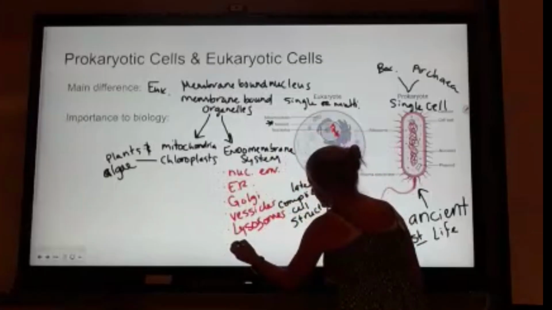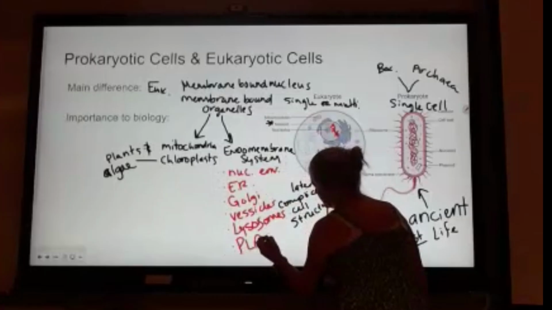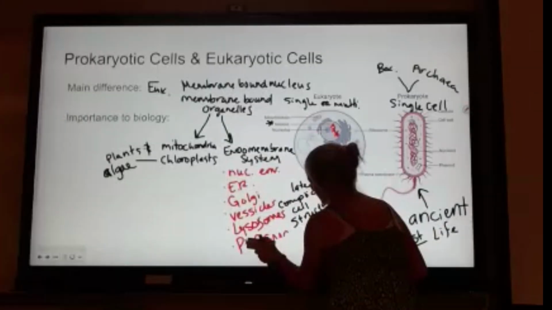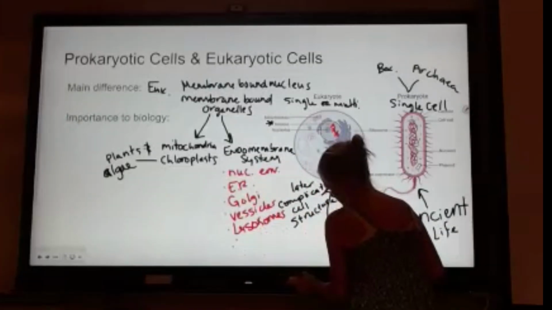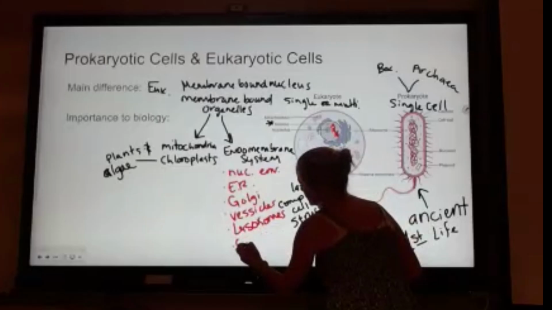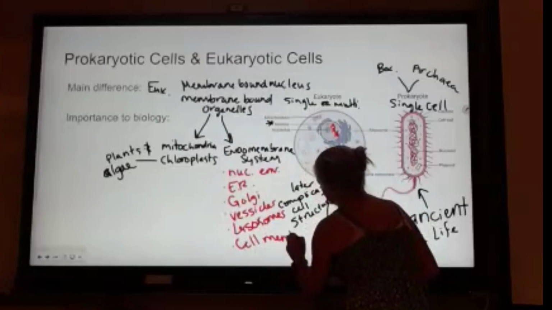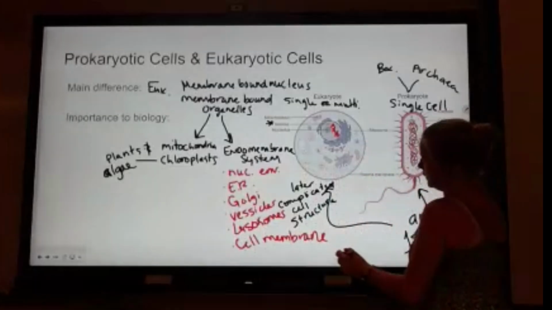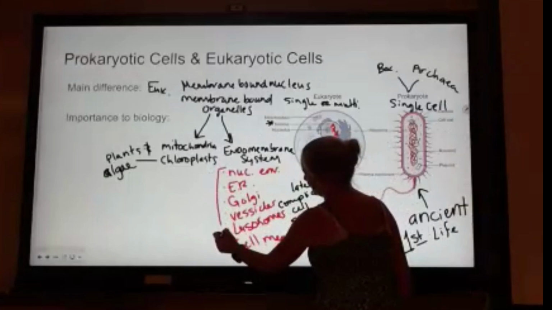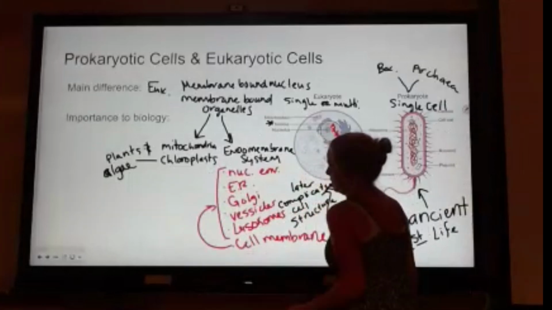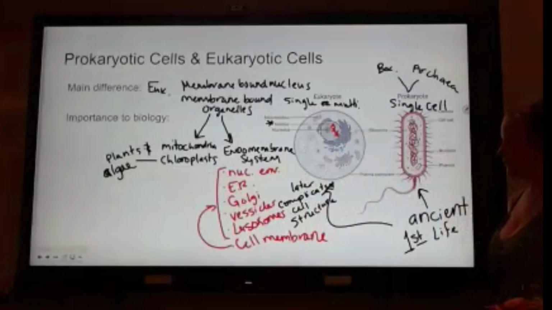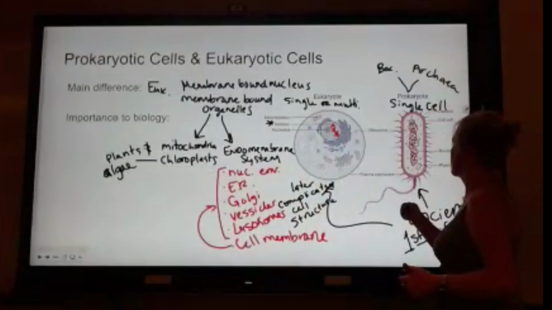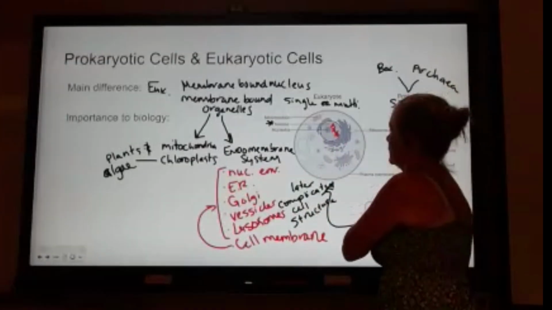Oh, and then of course, and always don't forget the actual cell's plasma membrane itself, which I should say a more accurate way to say that would be the cell membrane. Because of course, all of these organelles originally came from that cellular membrane, if we remember the folding in of the plasma membrane during the evolution from prokaryote to eukaryote.